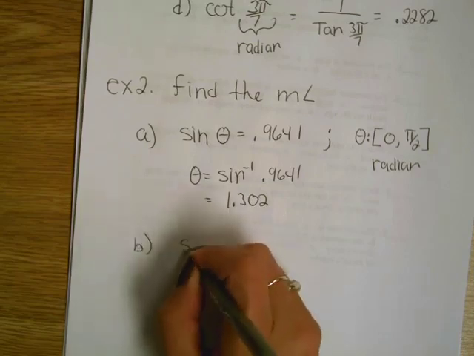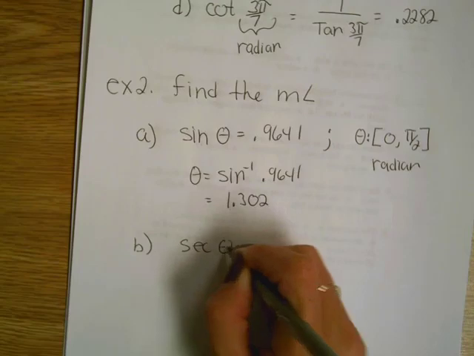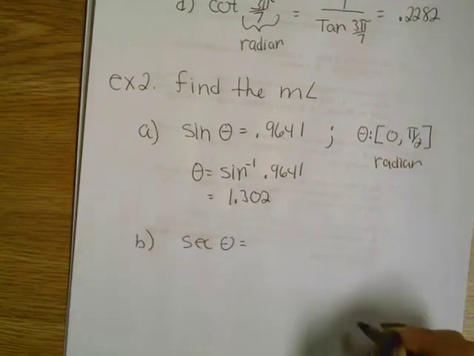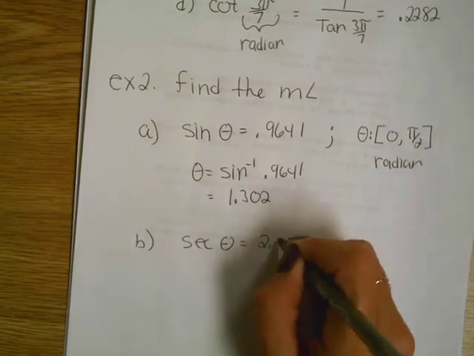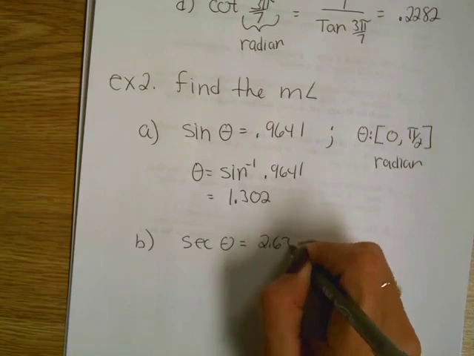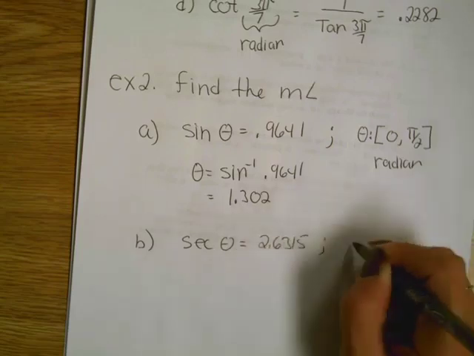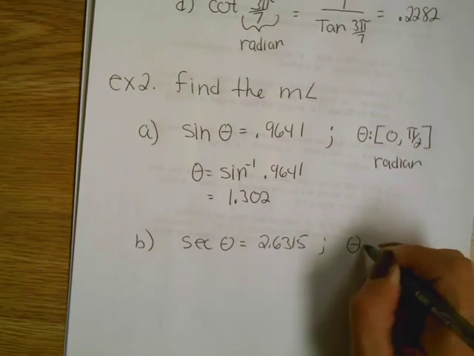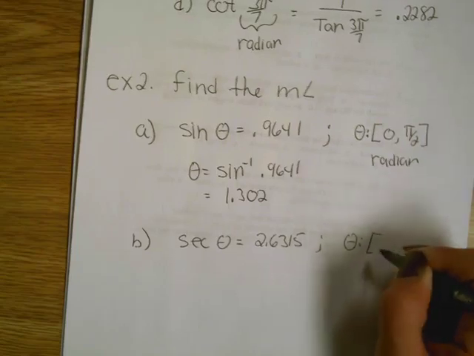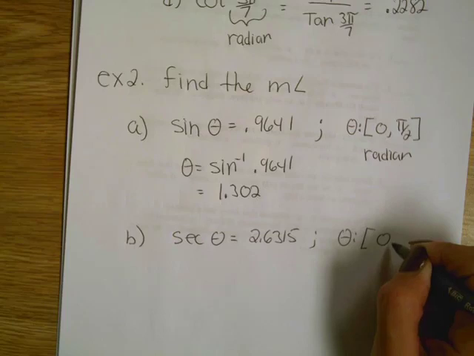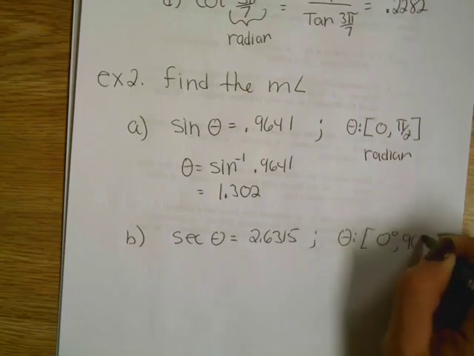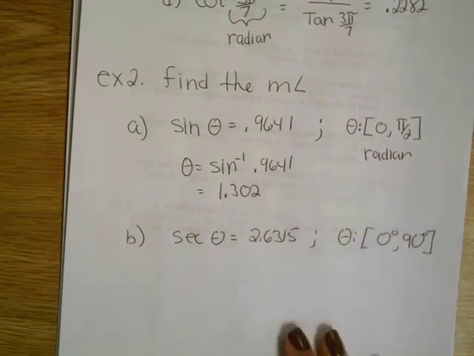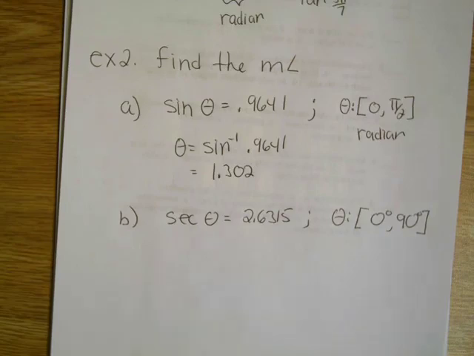What if I want the secant of an angle whose ratio is 2.6315, but this time I want that angle to be between 0 degrees and 90 degrees. Adam?